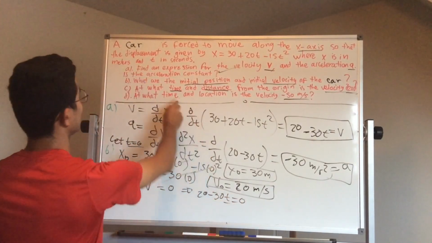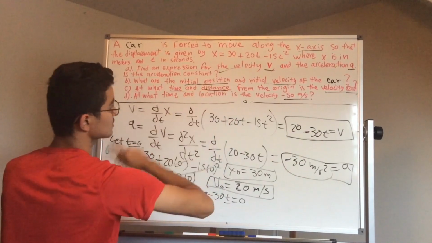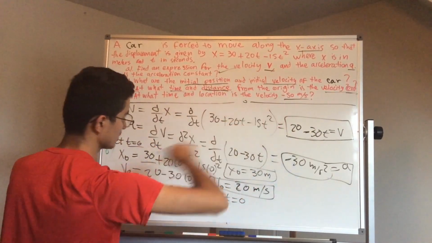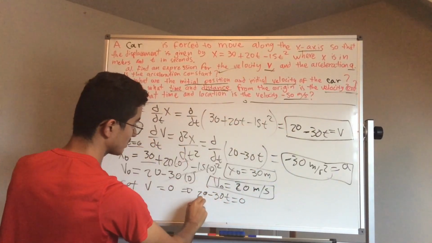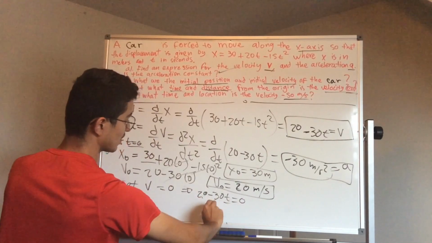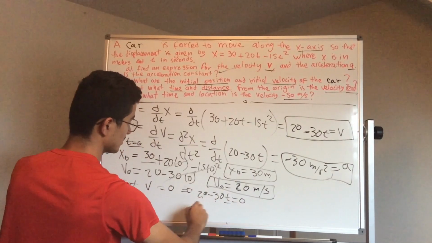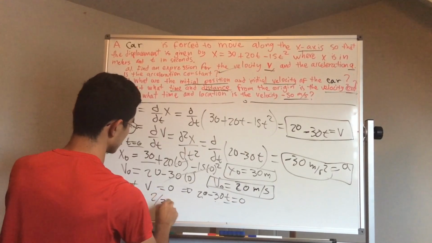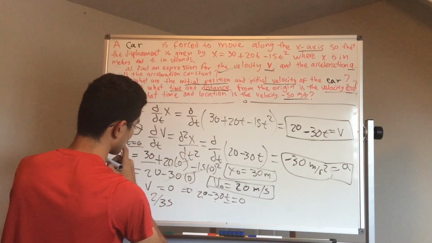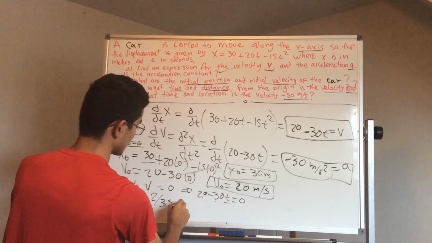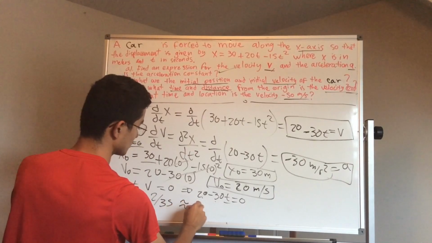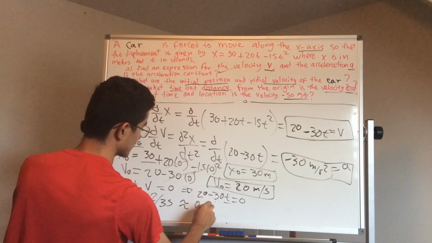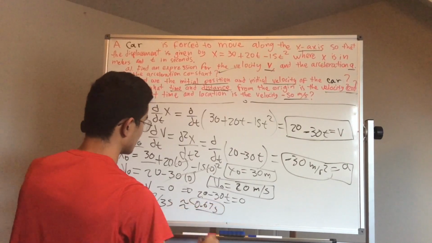We want to find the time so that we can find the distance from the origin when the velocity is 0. So we bring 20 to the other side, we divide by negative 30, and we get that t is equal to 2/3 seconds, which is about 0.67 seconds. That's the time.